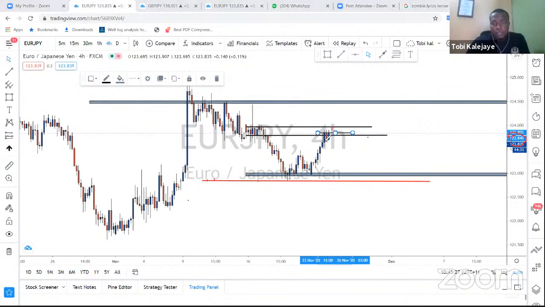If price breaks through, closes above this level, and comes back to retest it, then I can take a buy down till this point. This is my simple analysis, and I'm going to take this trade.